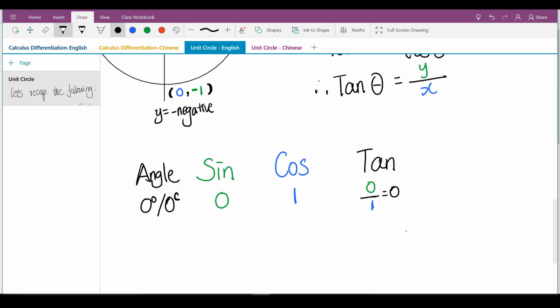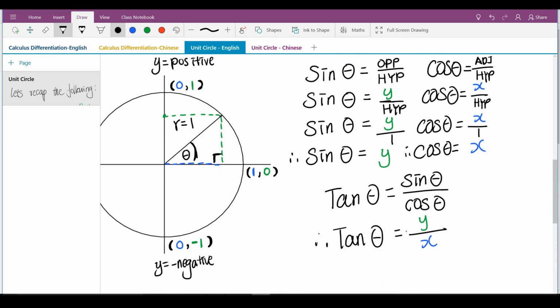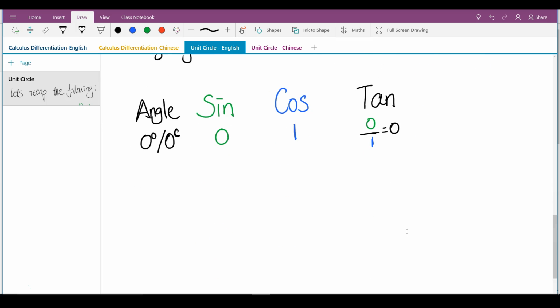The next obvious one is the 12 o'clock position. From the 3 o'clock position, travel to the 12 o'clock position. We know this is a right angle, so we traveled 90 degrees. In radians, 180 degrees is equal to pi, and 90 is just 180 divided by 2, so it would be pi over 2 radians.